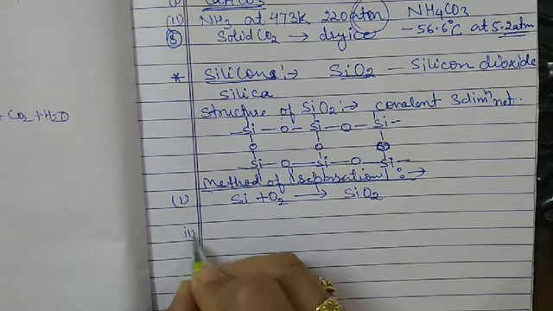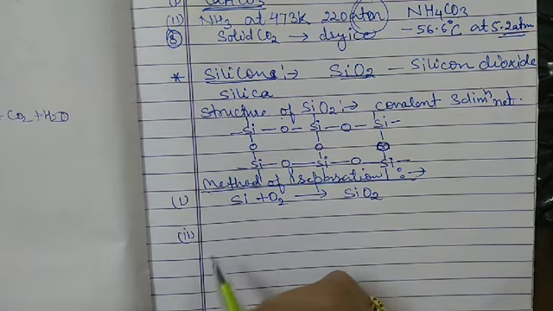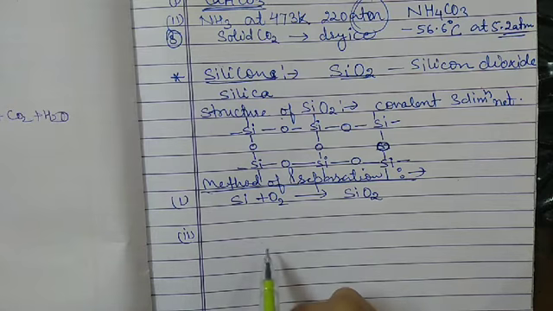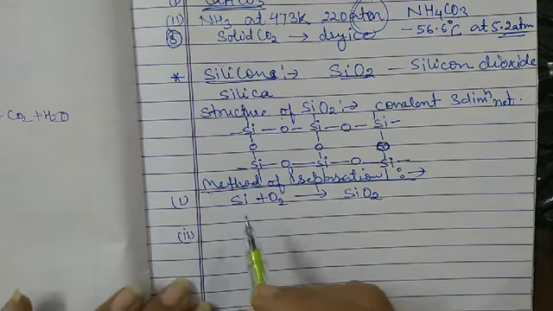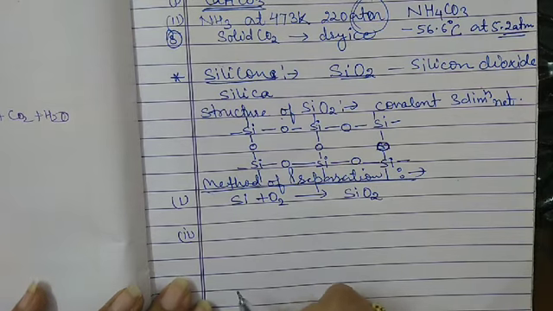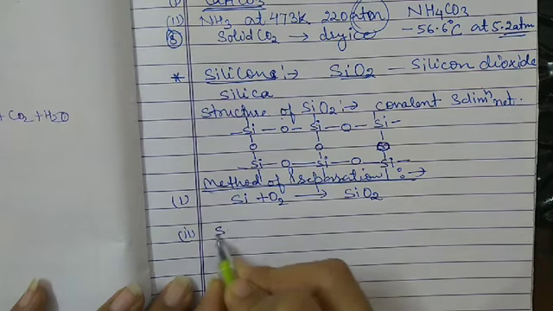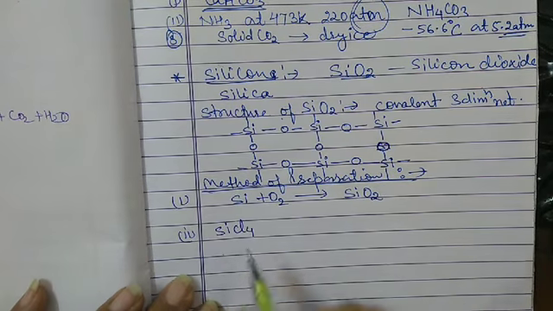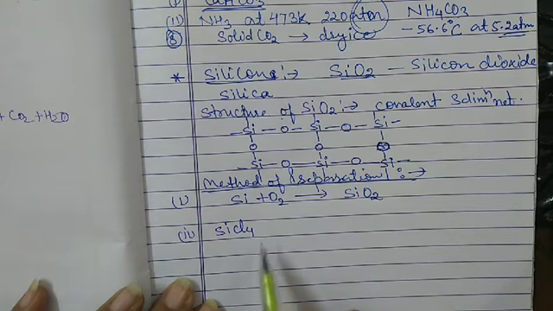Now there is another method. Pure silicon dioxide is prepared in its amorphous form as a white powder by reacting silicon tetrachloride, SiCl4, with water.